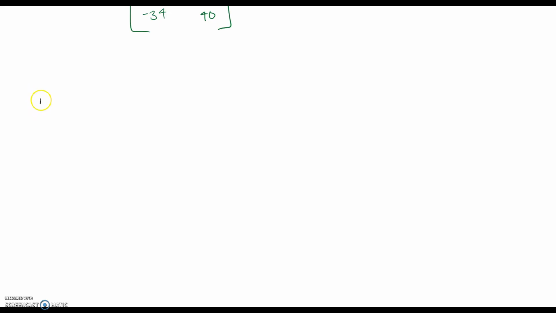Try to do A times C on your own. So pause the video, set up your matrices, see if you can do it. So matrix A is 4, 5, 1, 9, negative 6, negative 3, and matrix C is 7, negative 5.